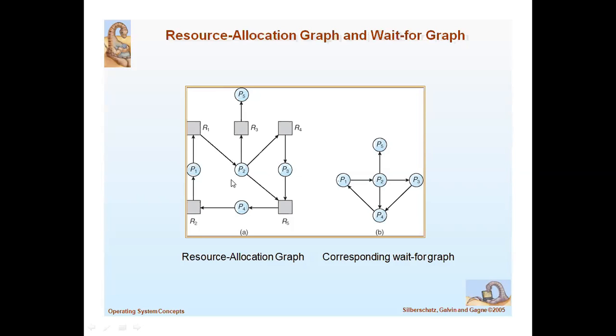So if P1 is waiting for resource R1, and R1 is held by another process, P2, then after the completion of P2's execution, it will release the resource and it will be allocated to P1. Is it clear? So this is the wait for graph using single instances of a resource.